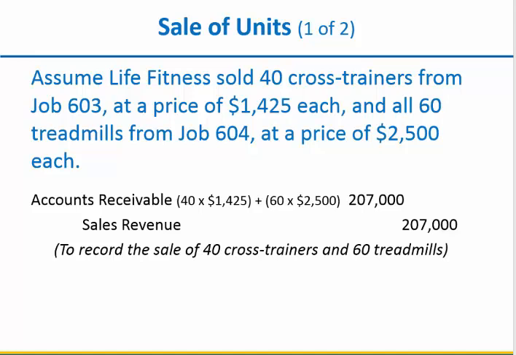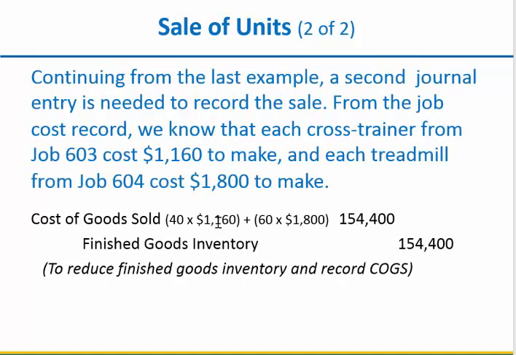Number one, you're going to have the sales revenue recognized. In the meantime, you're going to have CGS recognized. So in the next journal entry, you're going to see the CGS part. Let's assume that it will cost us 1,116 to manufacture one cross trainer, and it will cost us 1,800 to manufacture one treadmill. So you multiply 40 and 60 by each cost respectively.